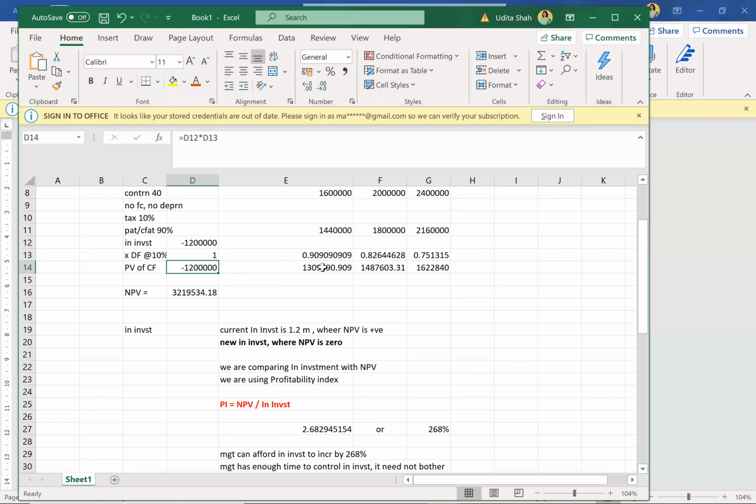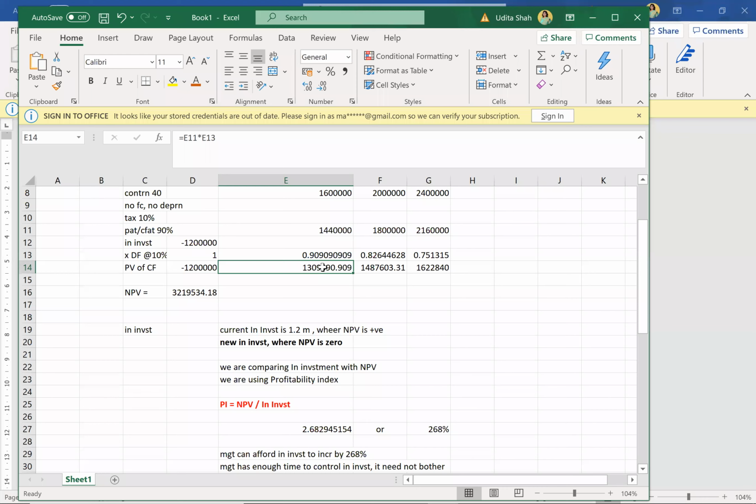Sometimes this happens, right? I start a company where I don't need much initial investment, and it generates quite a lot of returns to me. Then I don't need to worry about my initial investment.